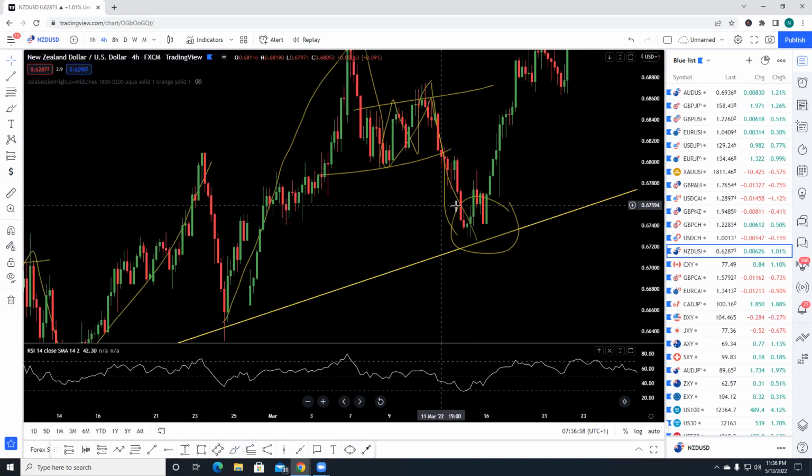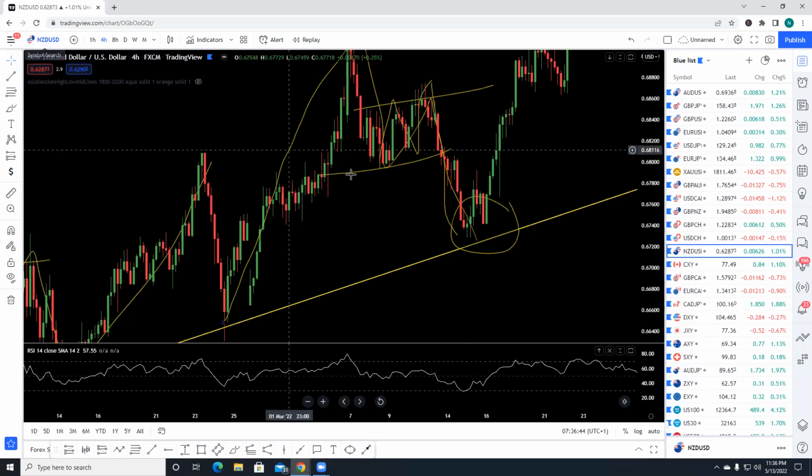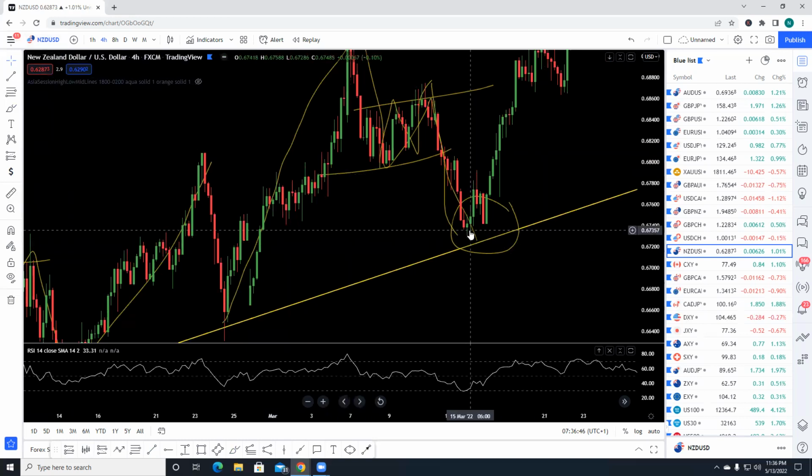This is a pair that can move in the Asia session because of the New Zealand dollar. Okay, so when this pair got to this level, this is exactly 20:00, that is GMT+2. Look at it here. That is the Asian session.